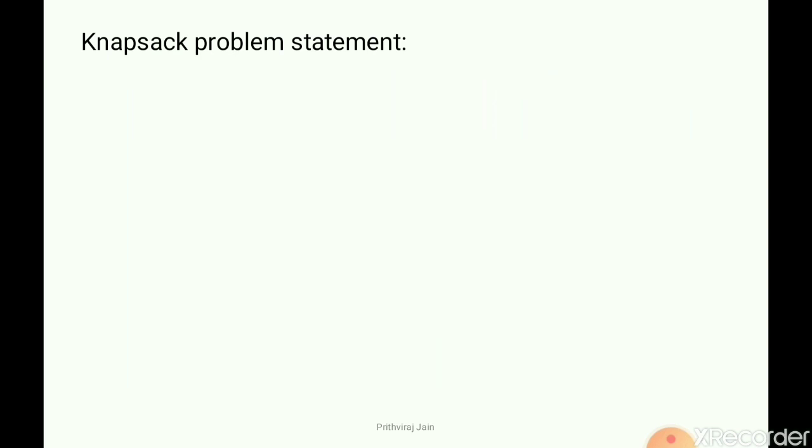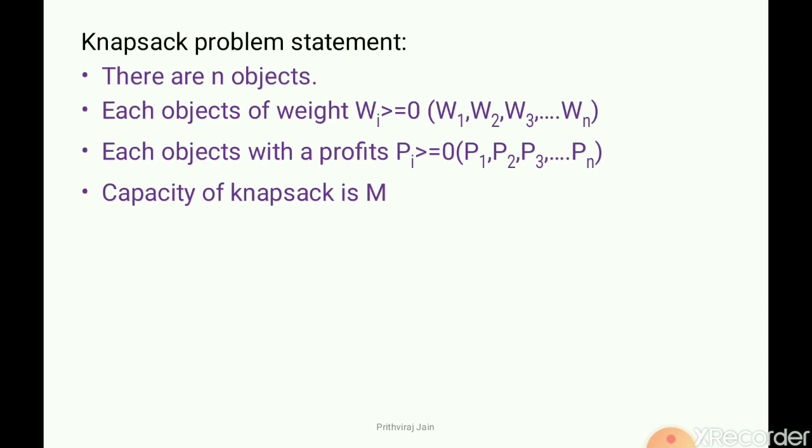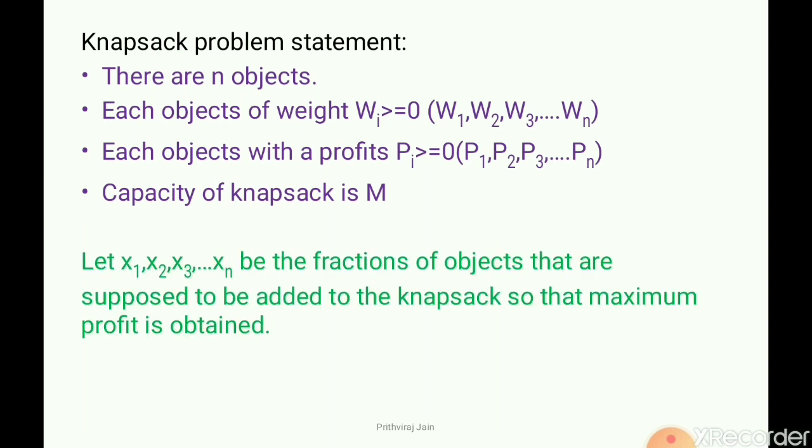The problem statement is as follows: there are n objects, each object with weight wi greater than or equal to 0 and profit pi greater than or equal to 0, and the capacity of the knapsack is m. Let x1, x2, x3 up to xn be the fractions of the objects that are added to the knapsack so that maximum profit is obtained.